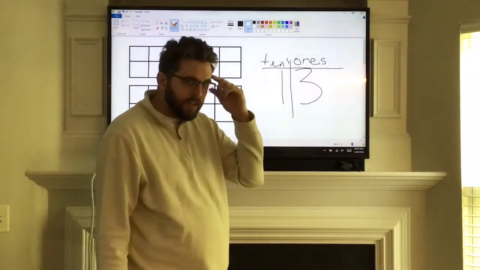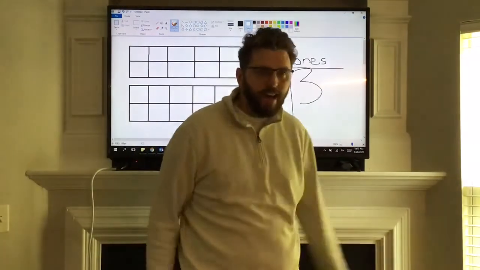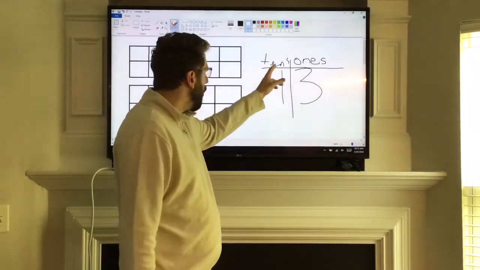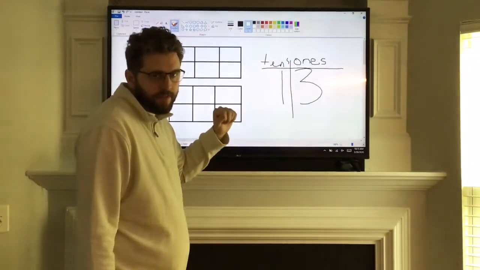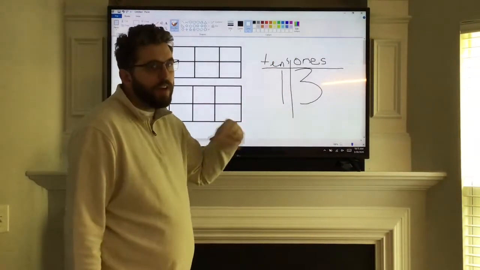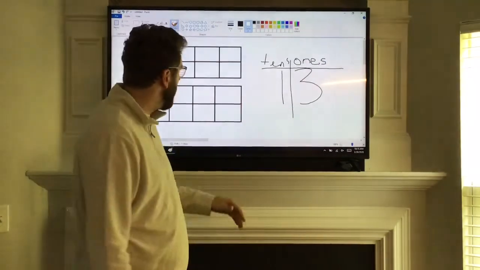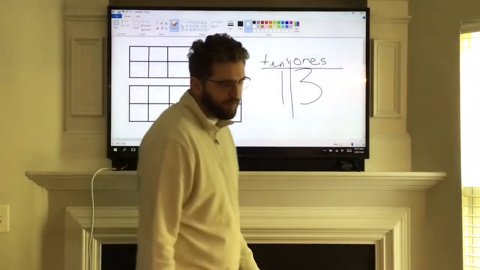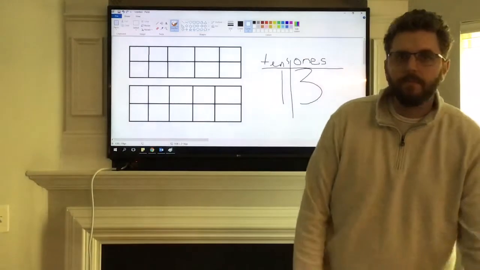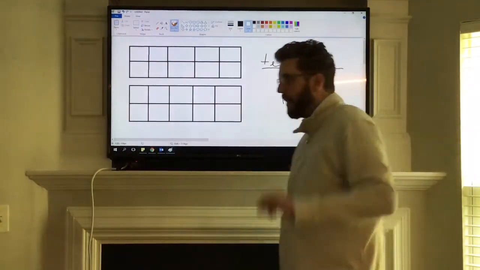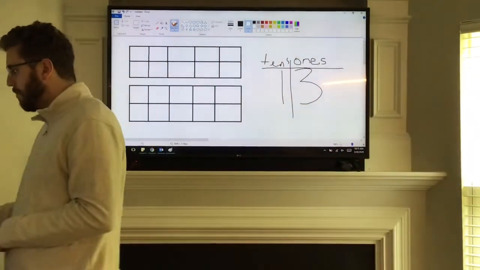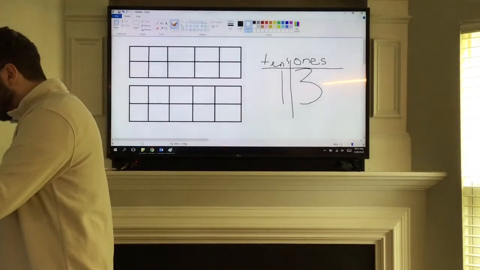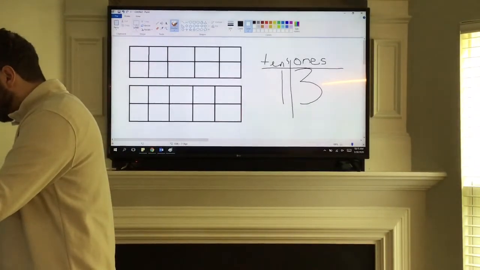Now, let's think. Let's expand on that idea a little bit. If we have 1 10, when we know that that means we have 10, what are we going to do to one of those 10 frames? That's right, we're going to fill it in completely. So let me see if I can do this easily.